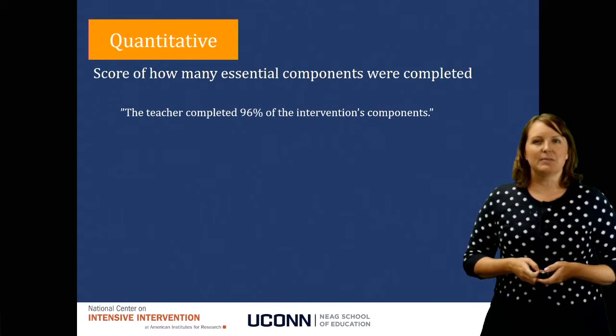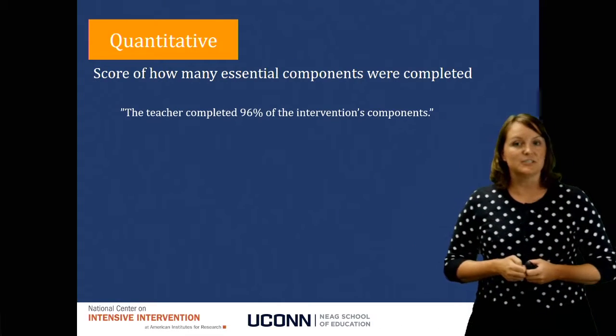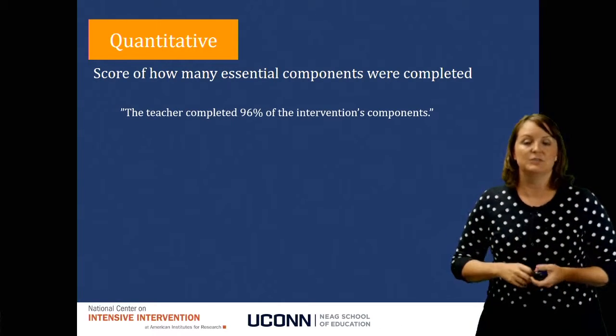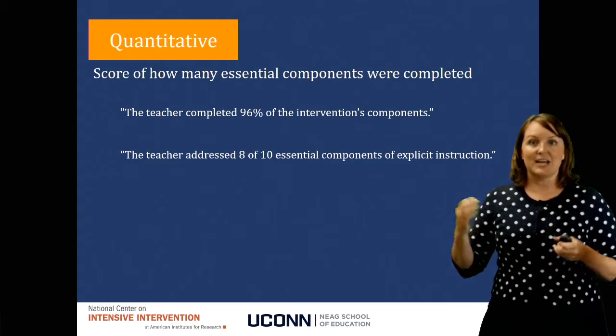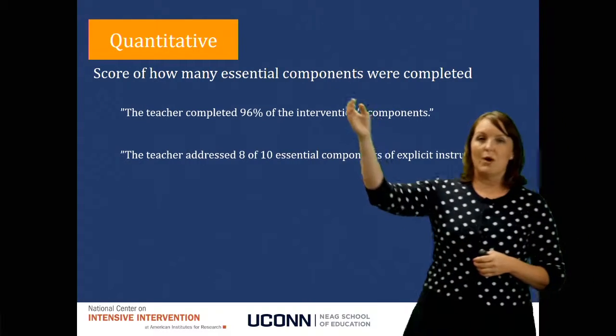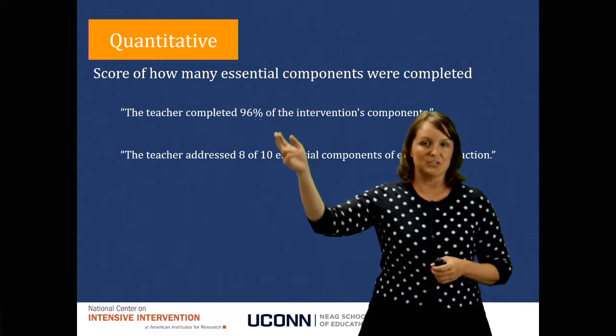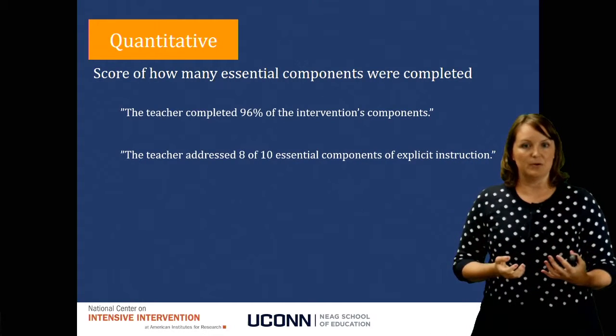So we might see something like the teacher completed 96% of the intervention's components when an observation was made of the teacher. We could also see something like the teacher addressed 8 of 10 essential components of explicit instruction. So these are quantitative because we have numbers here that tell us how well the teacher implemented the program.